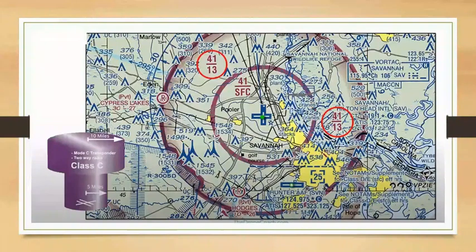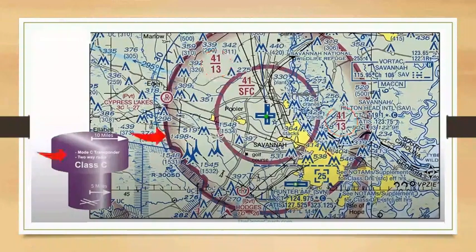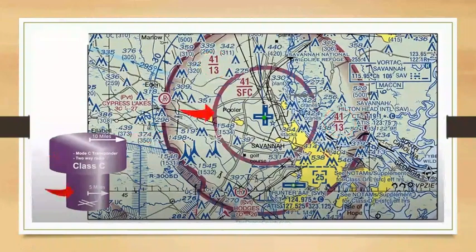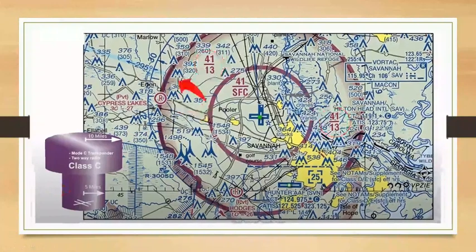And it's going to start at the lower shelf, which starts at 300 feet MSL, and is going to extend upward up to 4,100 feet MSL. Now, we also want to point out that Class C airspace is going to be sitting on top of a shaded magenta circle that I've pointed out there.